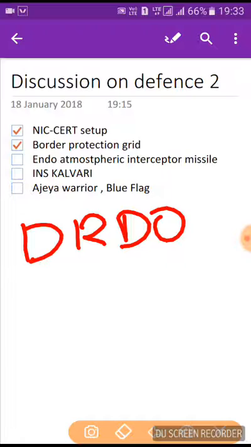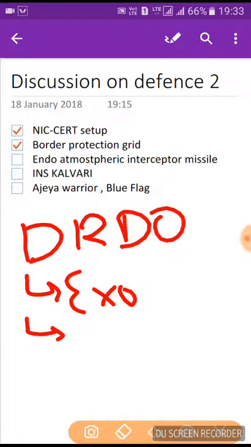The exo atmospheric interceptor missile is like Prithvi Air Defense, with a capability of 50 to 80 kilometer altitude, and the endo atmospheric missile is the Advanced Area Defense interceptor missile, which is important. Two types India has developed: the first is exo, second is endo.